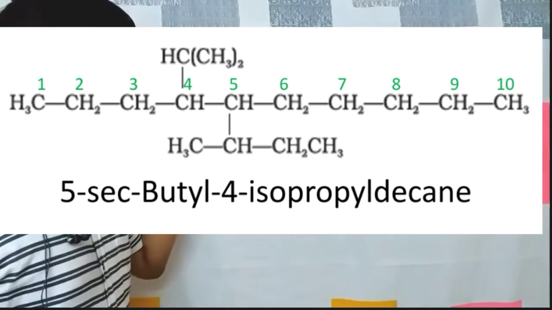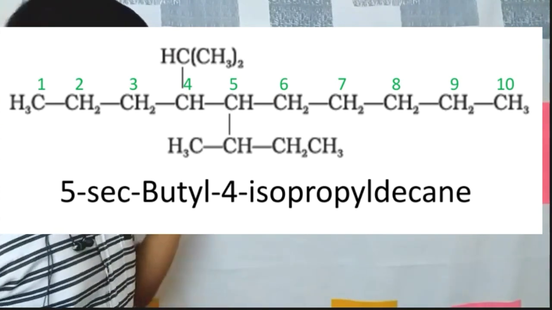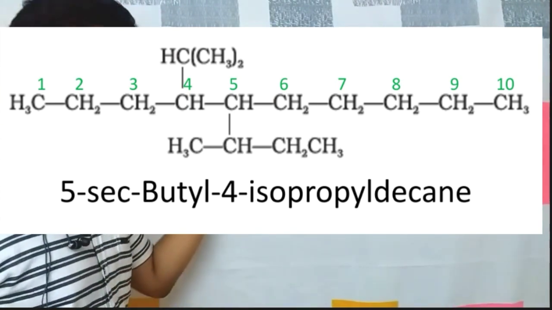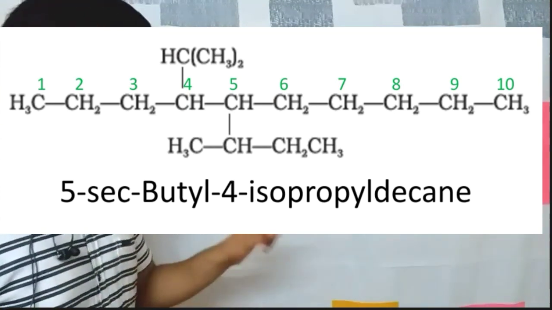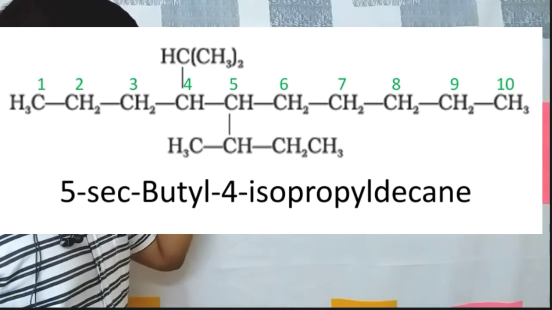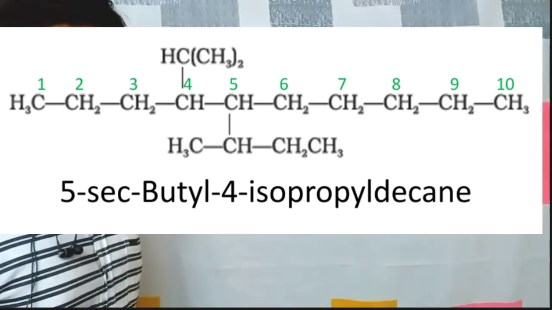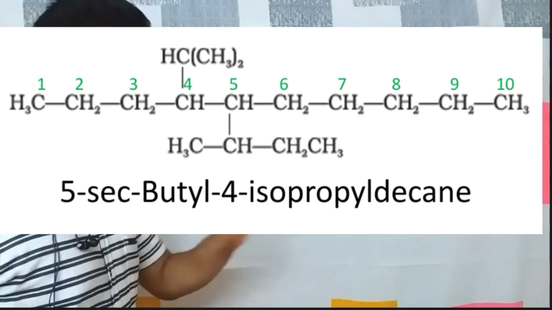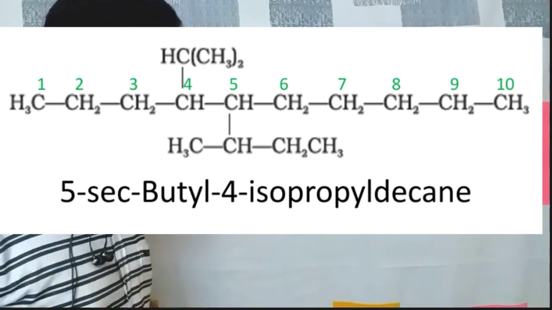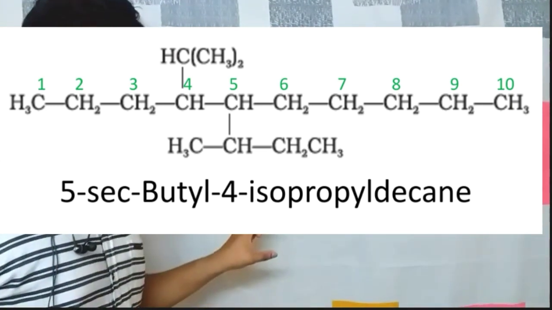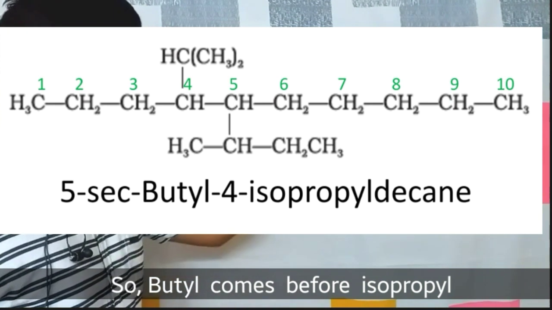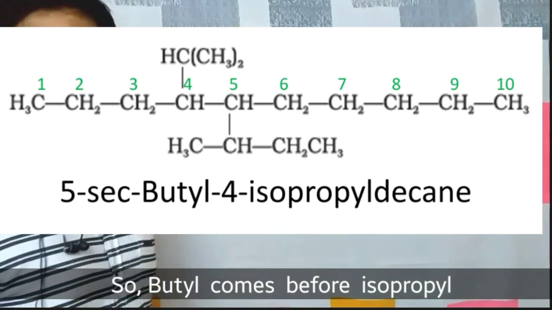So we should name it as 5-sec-butyl 4-isopropyl decane and not 4-isopropyl 5-sec-butyl decane. This is because S is not considered in the alphabetical order, so B comes first, and hence B is before I, which is considered in the isopropyl.